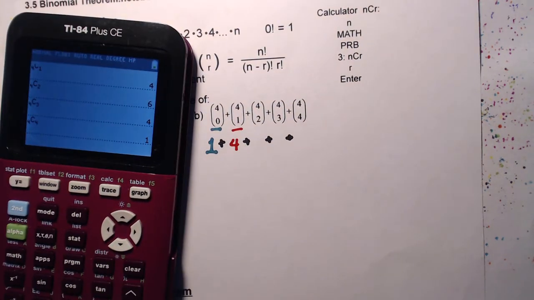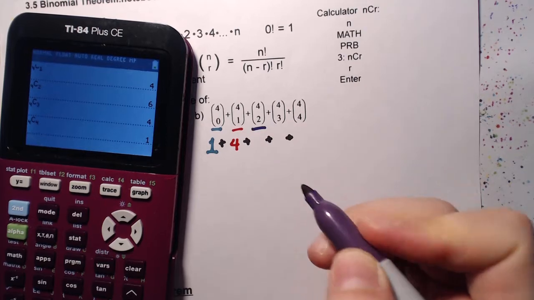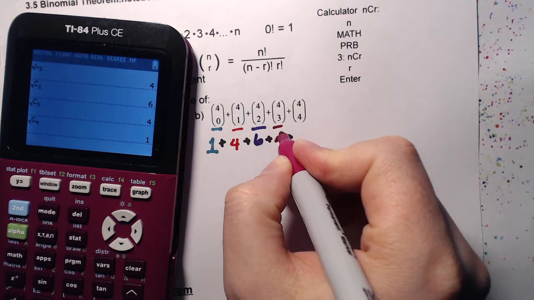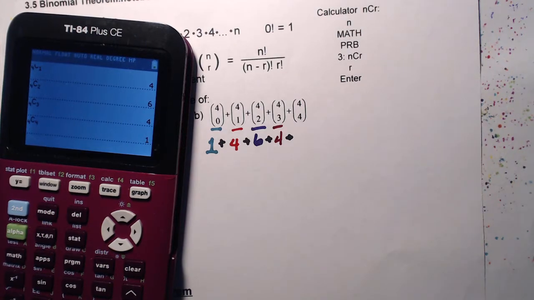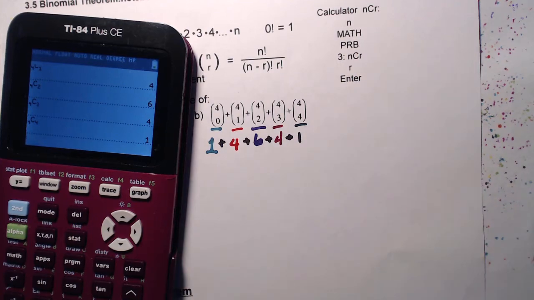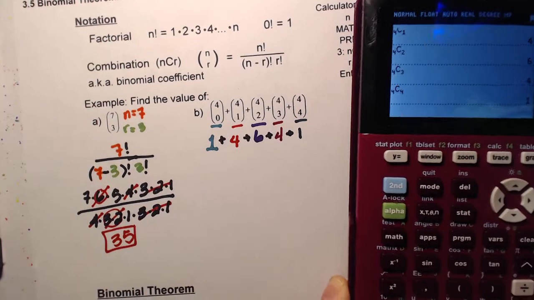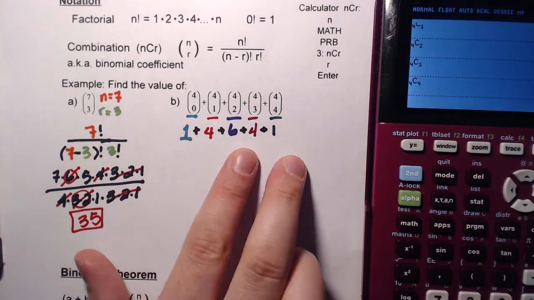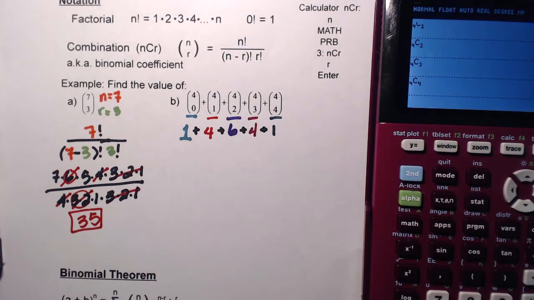So this is saying this number is a 6. This number, we already used that color, is a 4. And this number is a 1. And then you just add those together. So I get 8 plus 2, which is 10, plus 6 is 16.